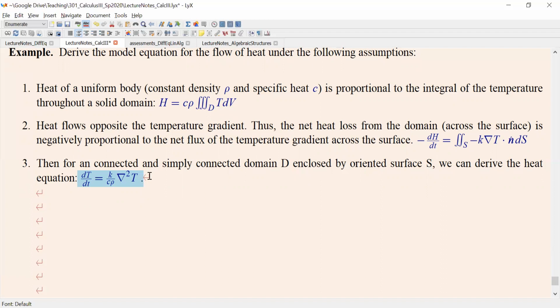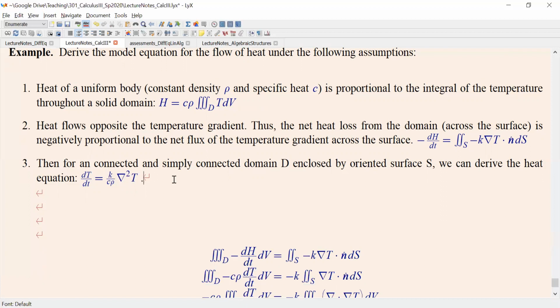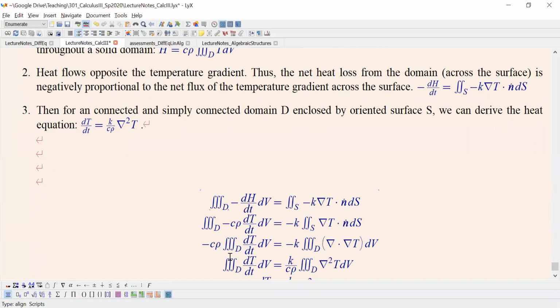This heat model is so widely used, it's amazing. And it says that the change in temperature is proportional to the Laplacian of that temperature function. So let's go through these steps. First, let me modify that, correct this a little better.